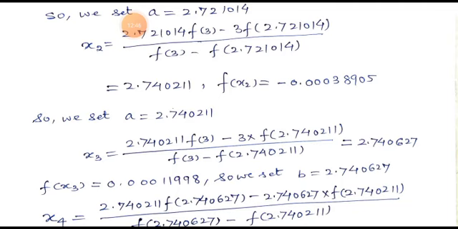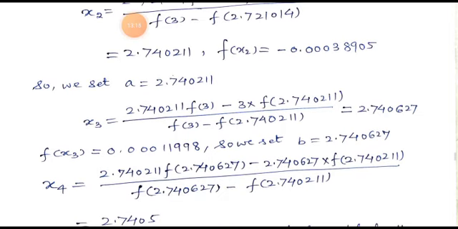Now we have to find f(x3). Putting the value of x3 in the function, after calculating we get f(x3) as 0.000119998. This is a positive value, so b is 2.740627, because it is positive. The previous one, which was negative, is treated as a.